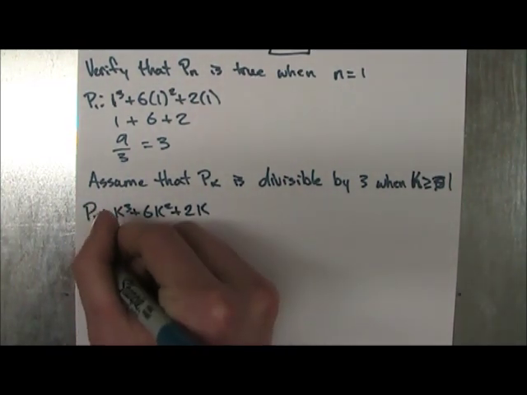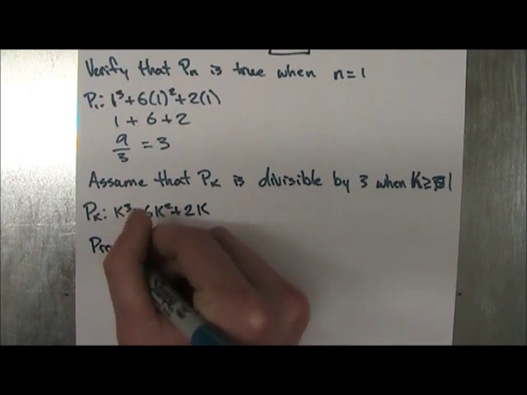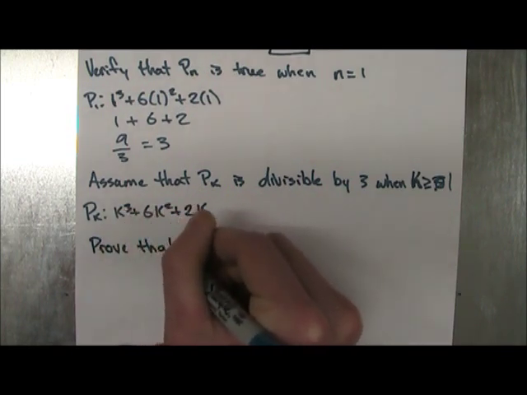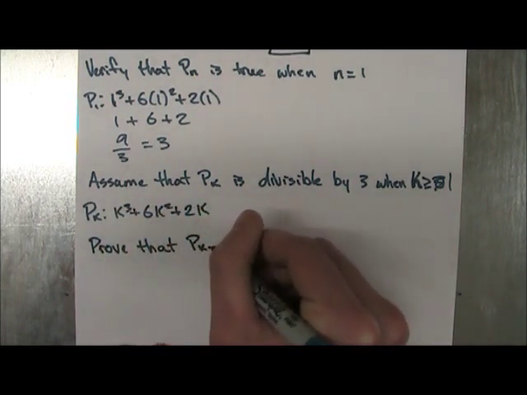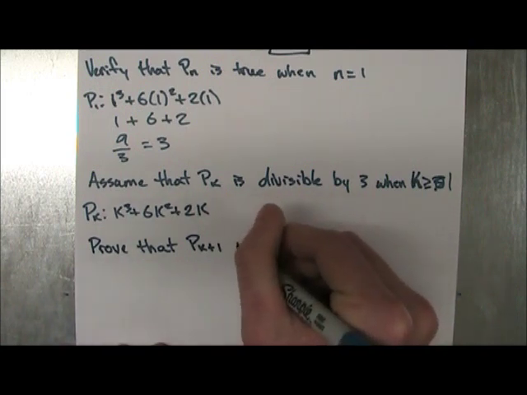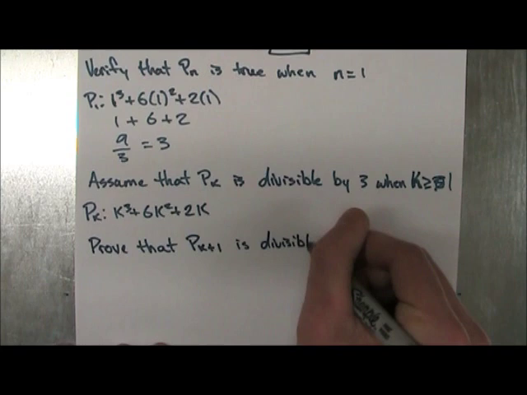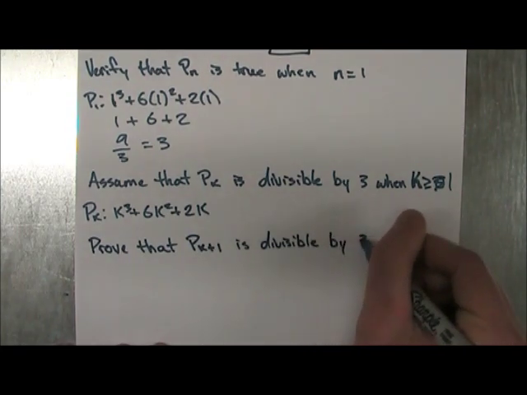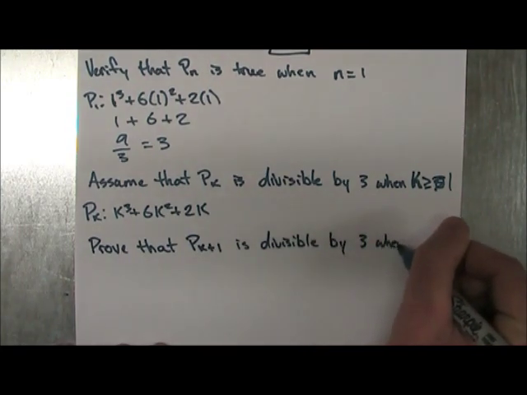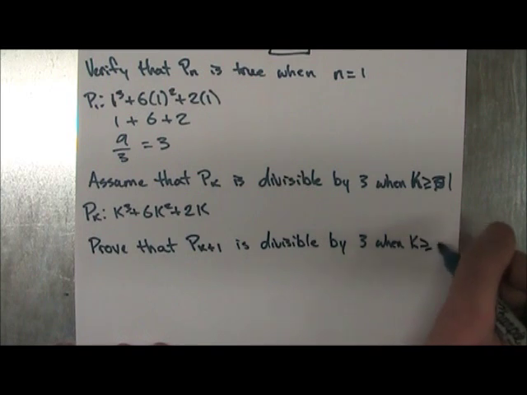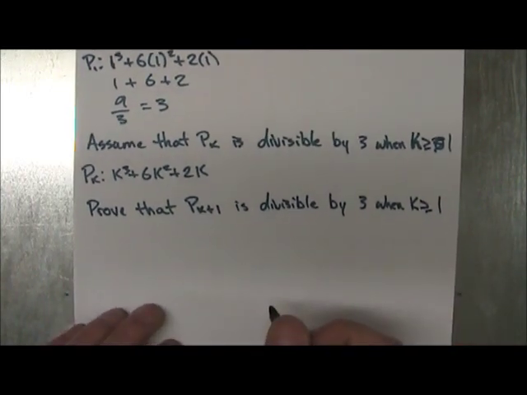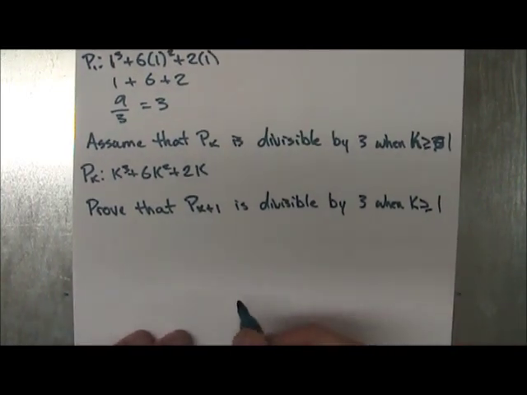Our last part is to prove that Pk plus 1 is divisible by 3 when k is greater or equal to 1. How do we do this?